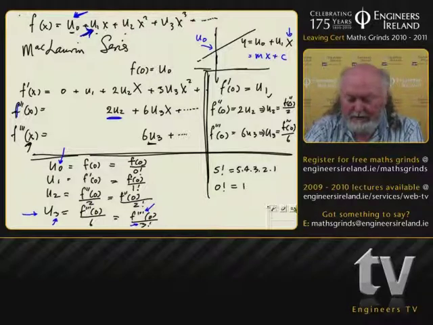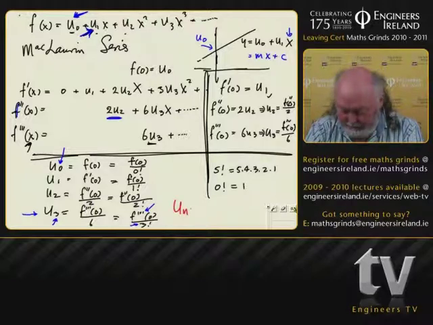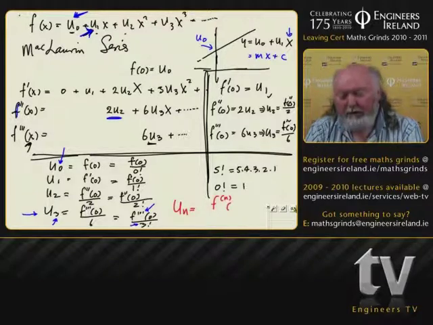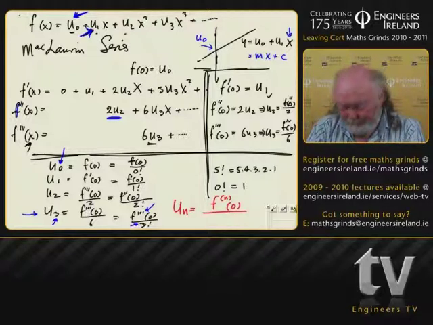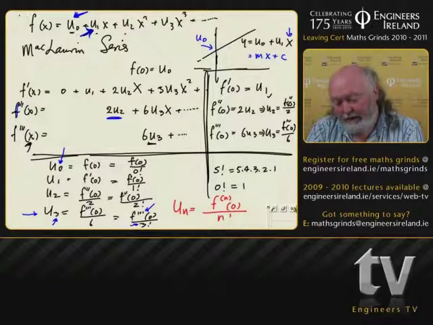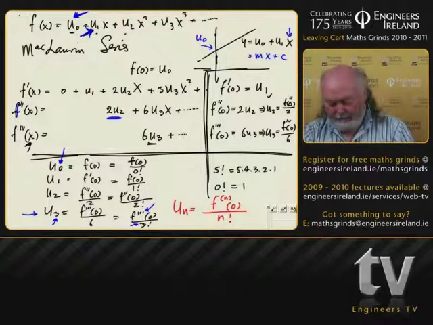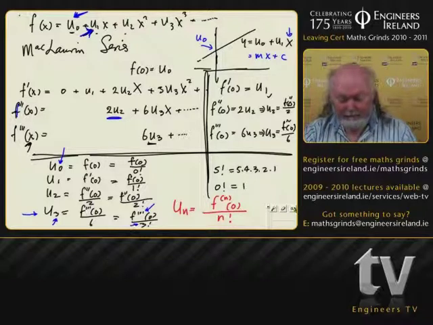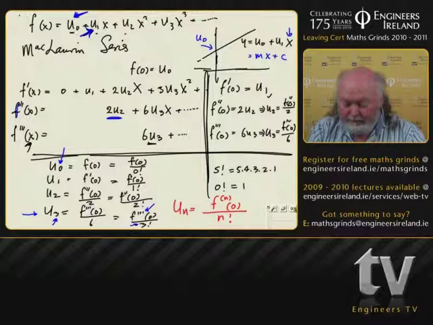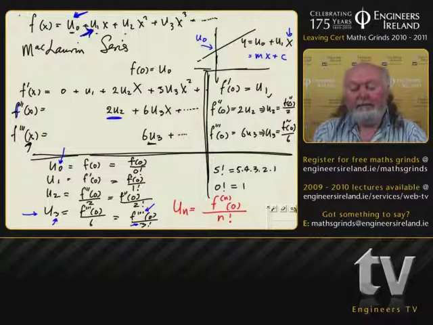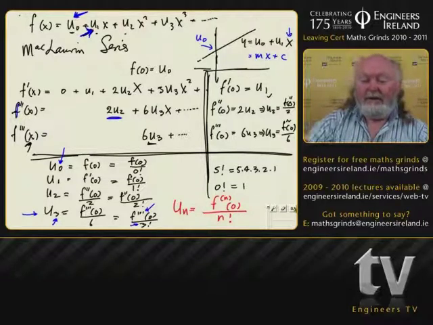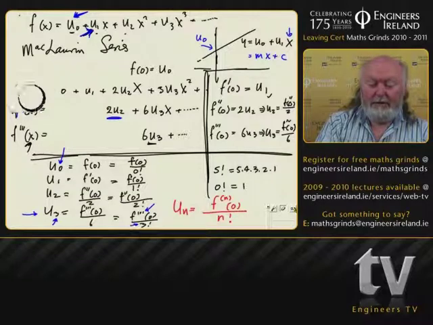So we should be able to say that the nth one is we're going to differentiate n times, put x equal to 0, and then we will divide by n factorial. This then will give us the famous Maclaurin series.